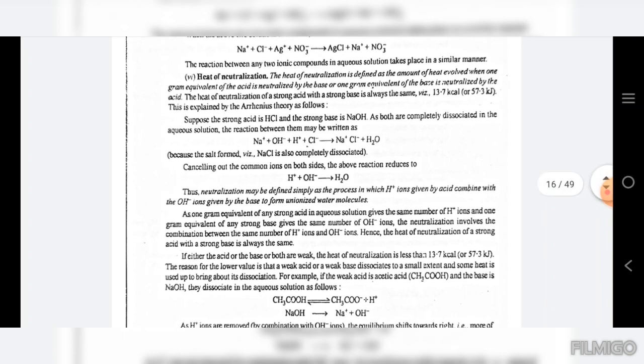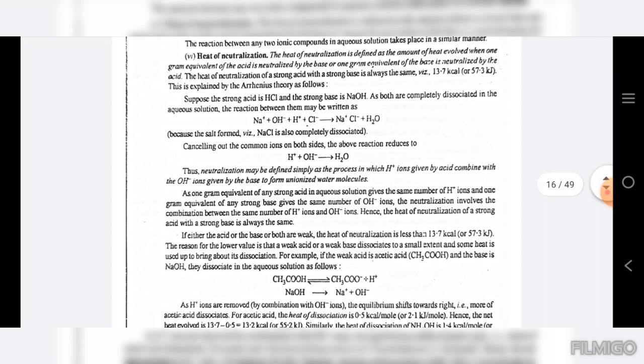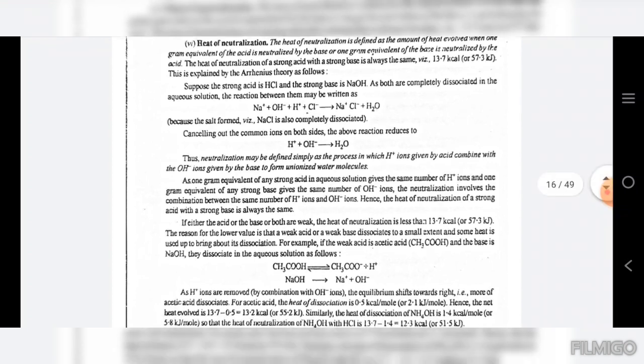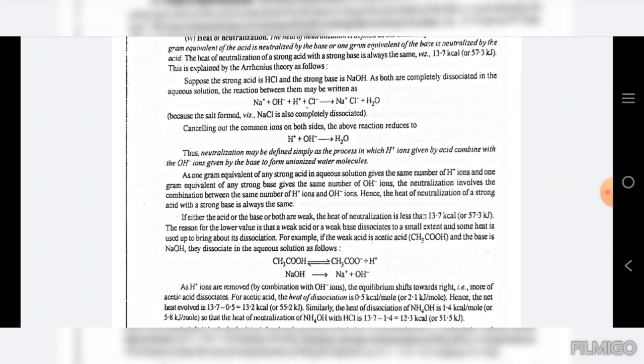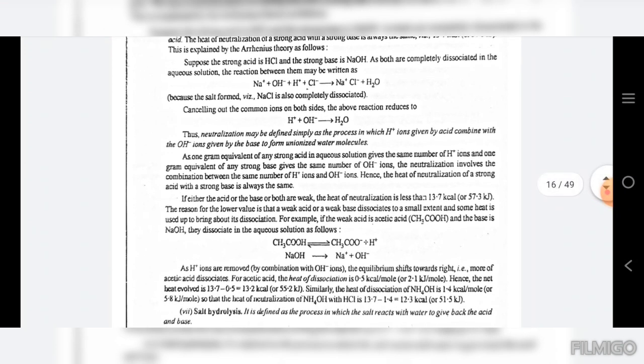Heat of neutralization. The heat of neutralization is defined as the amount of heat evolved when 1 gram equivalent of the acid is neutralized by the base, or 1 gram equivalent of the base is neutralized by the acid. The heat of neutralization of a strong acid with a strong base is always the same. This is explained by the Arrhenius theory as follows. Suppose the strong acid is HCl and the strong base is NaOH, as both are completely dissociated in the aqueous solution.